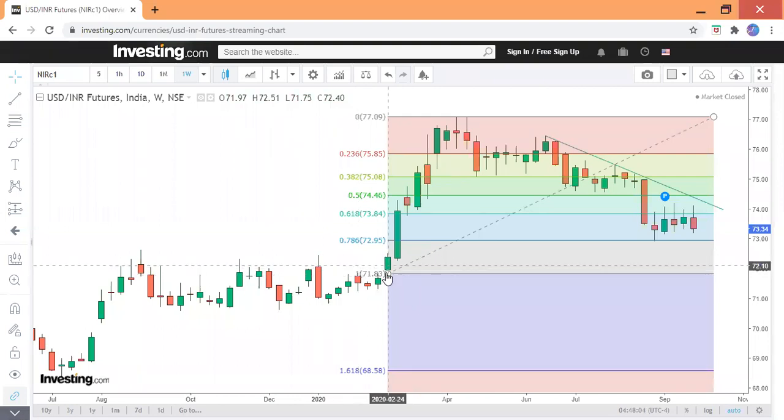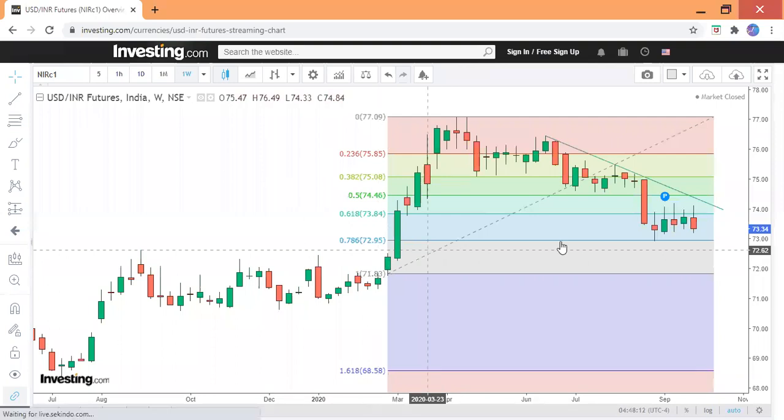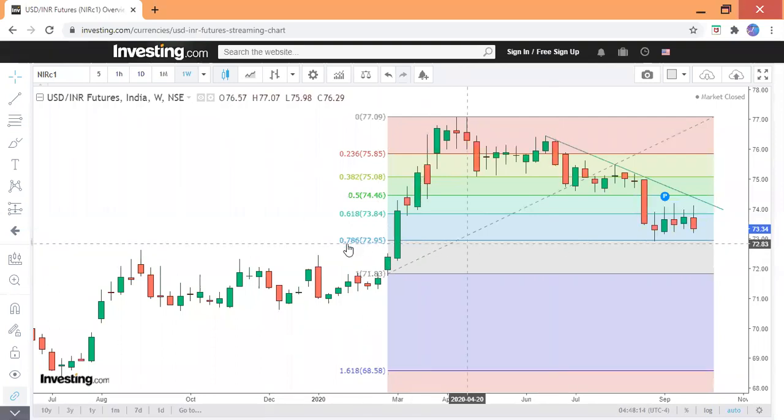The low of this candle is taken as the base and the high of this candle is taken. So we plot the Fibonacci, and on the basis of Fibonacci levels, 0.786 is the final retracement for USD INR we have seen now, and this is trading in the zone of 0.618 to 0.786, that is, 73.84 would be the resistance and 72.95 is the support.